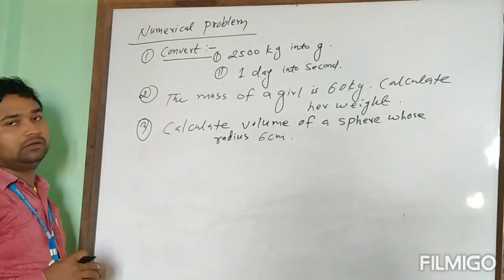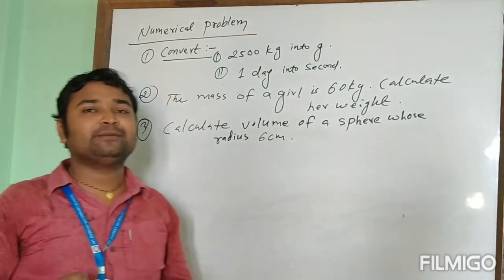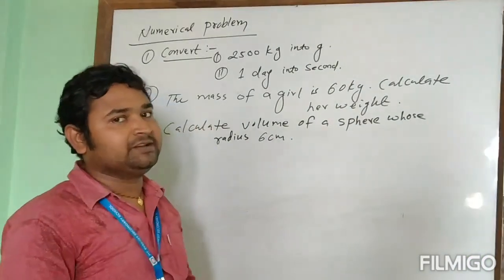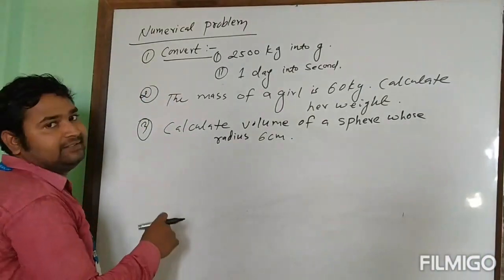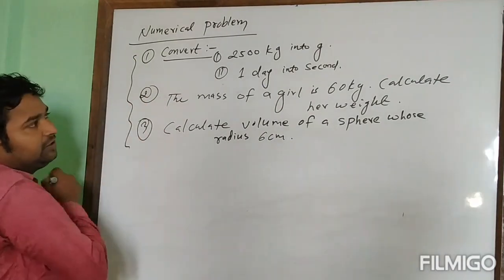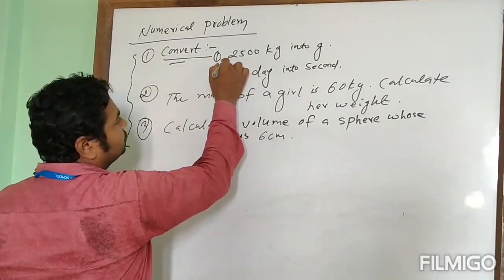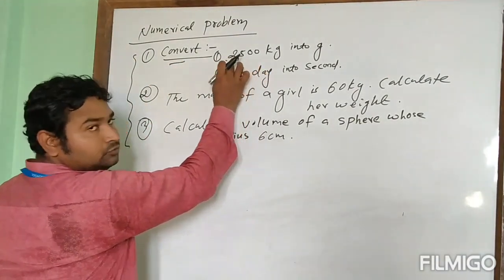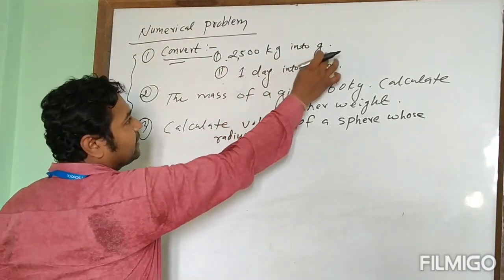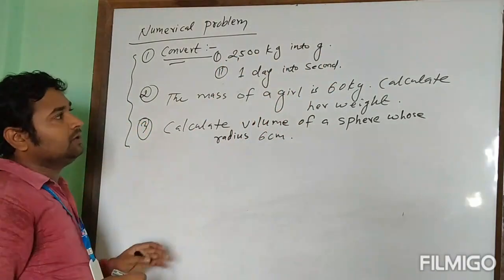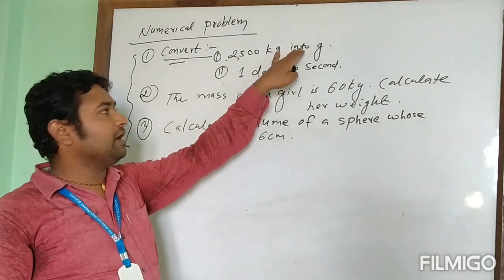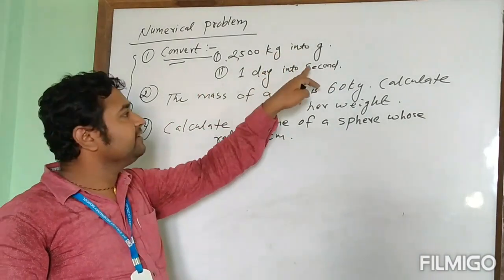Okay. Now let's do some numerical problems related to measurement. Here are some questions I have written on the board. Convert 2,500 kg into gram. You have to change kg into gram. Convert 1 day into second.